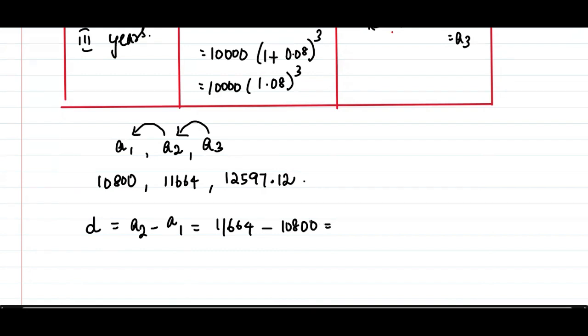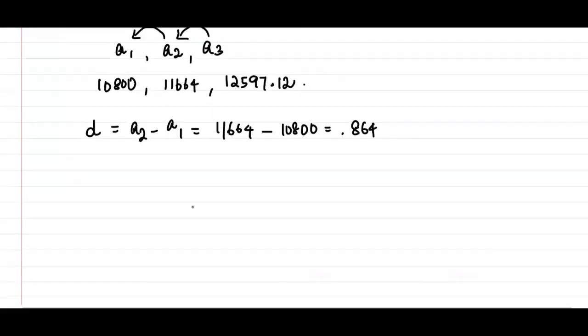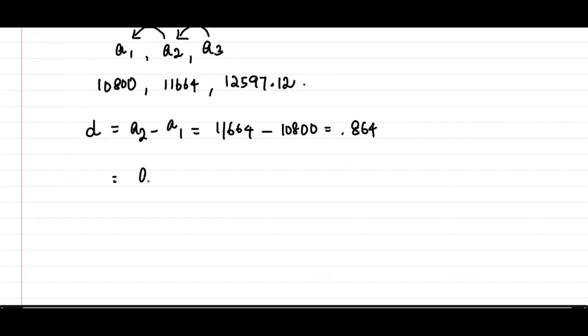If you subtract this, the answer will be 864. Then again, we will also try A3 minus A2. A3 is 12,597.12 minus 11,664.